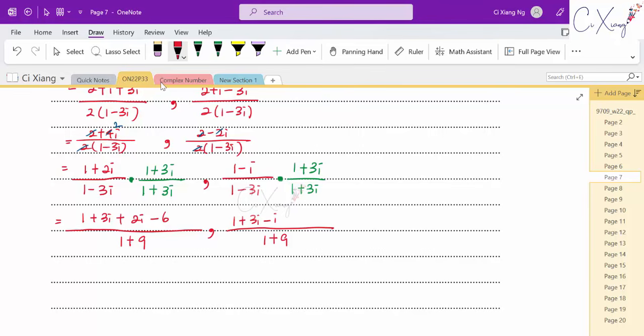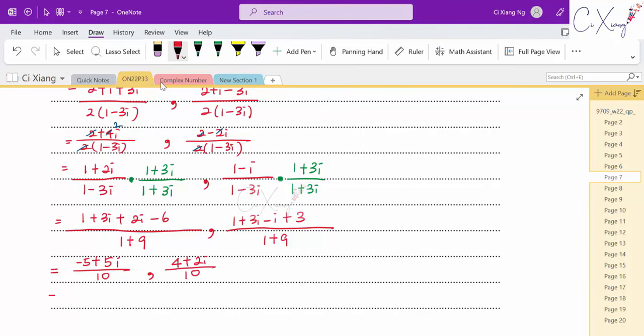The last term here is negative 3 with i squared, so it becomes positive 3. Again, further simplify it: the real part with the real part, imaginary with the imaginary part. We will have these two answers at last.